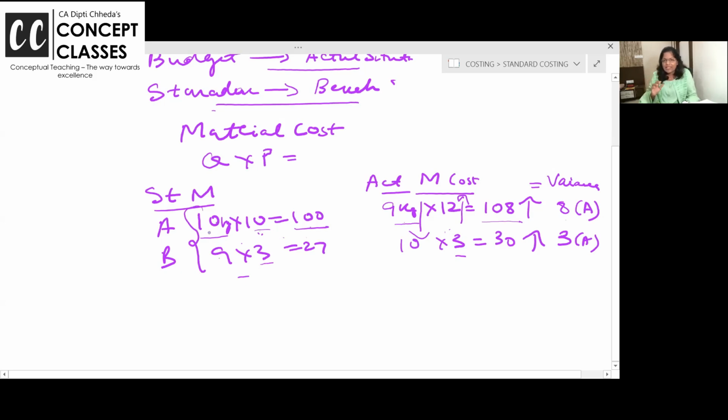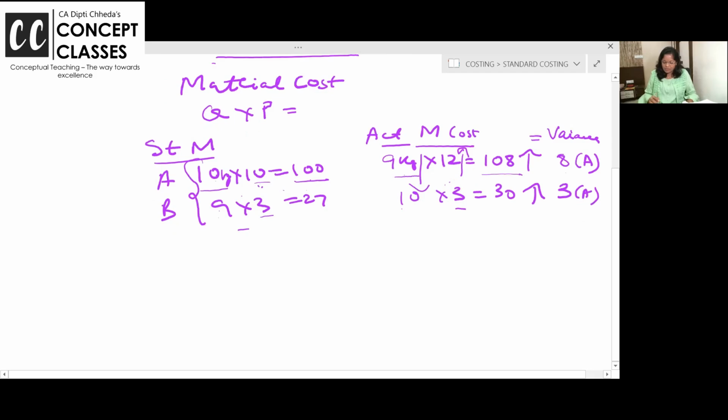Do you understand the language? What is standard mix? Two kinds of raw material are used to make one finished good. We have seen this in the budgeting chapter. Now, here the ratio is 10:9. And here the ratio is 9:10. So now if I say, tell me exactly why there is a variance in the material cost. You say, ma'am, difference in quantity.